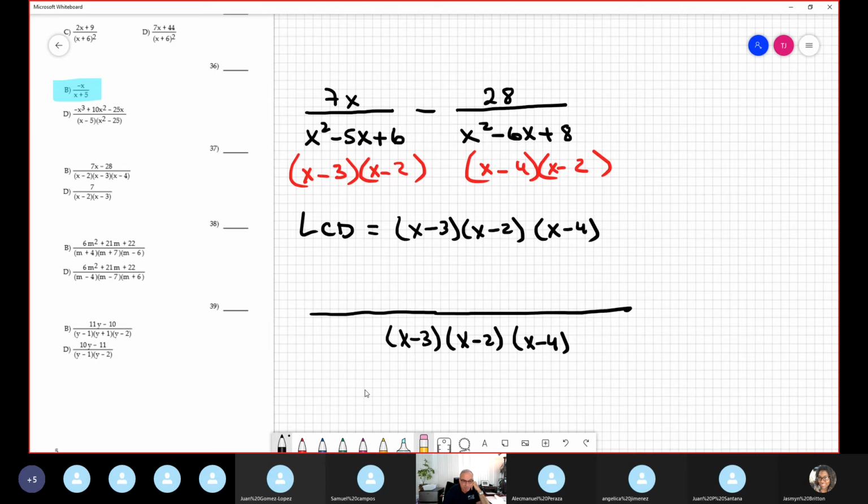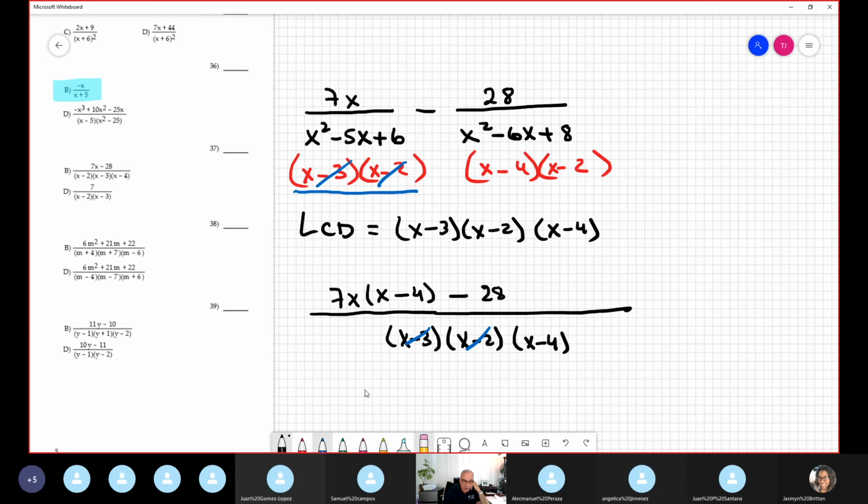When you divide the LCD by that first denominator, obviously x minus 3 cancels and x minus 2 cancels. Only x minus 4 times 7 stays, and we have 7x stays x minus 4, minus 28 times something.